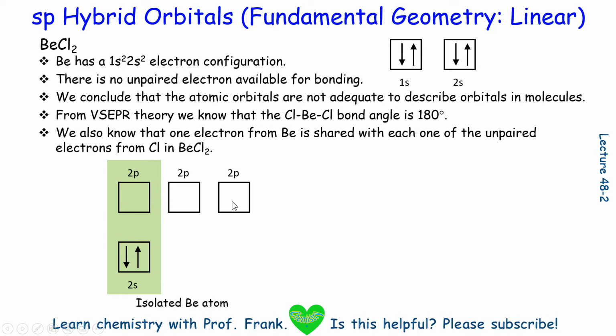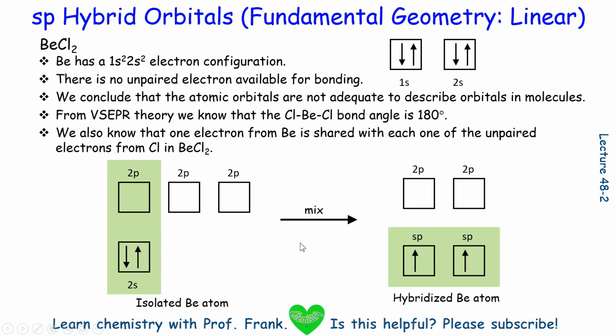The 2s orbital mixes with one of the 2p orbitals, and forms the hybridized orbitals. We call that sp, because we take one 2s orbital and one 2p orbital. Those are the two hybridized sp orbitals.